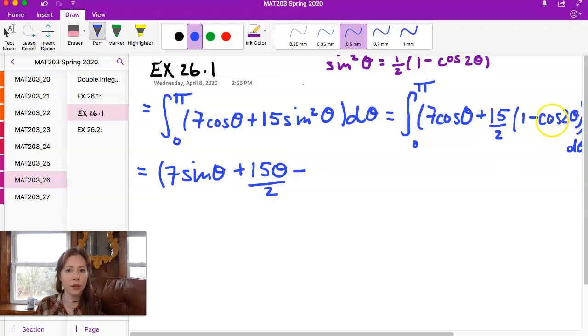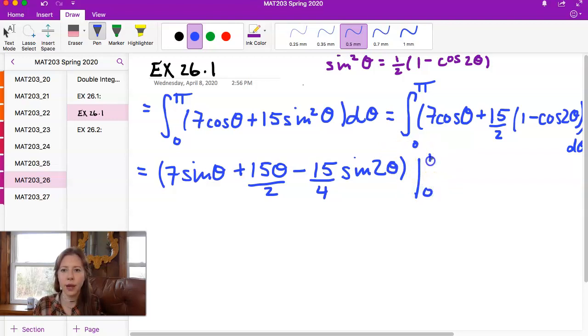And then minus cosine 2 theta becomes, with our 15 over 2, 15 over 4 sine 2 theta. We evaluate from 0 to pi. And so this becomes 0 plus 15 pi over 2 minus 0. So we get 15 pi over 2.